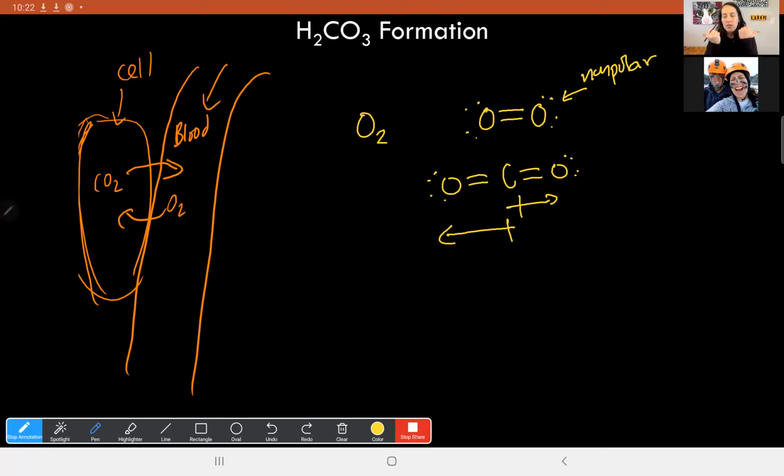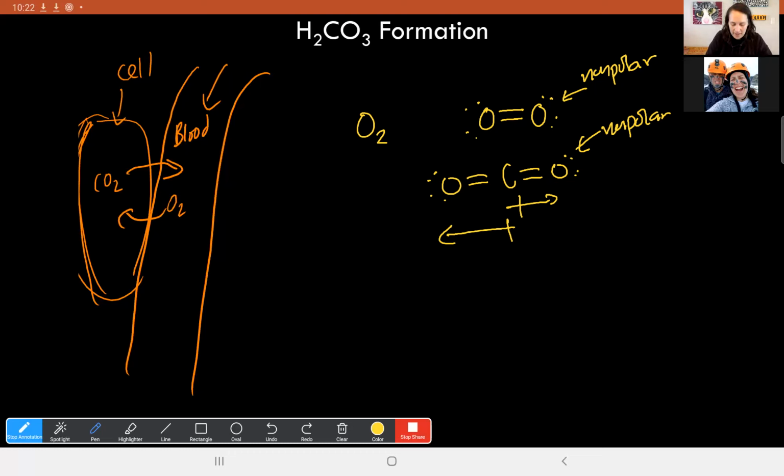So even though we're tugging the electron density either way, those 2 vectors are going to cancel each other out. So overall, carbon dioxide has no net dipole and is therefore also nonpolar. That just means that the carbon dioxide being produced inside your cells can easily, without any issue, traverse the membranes and make its way out into the blood as well.